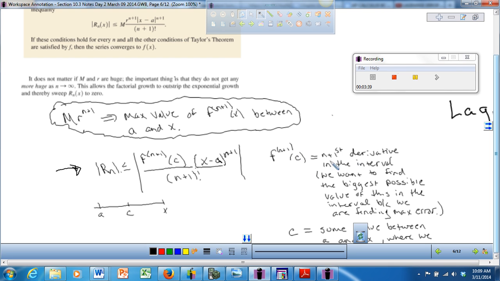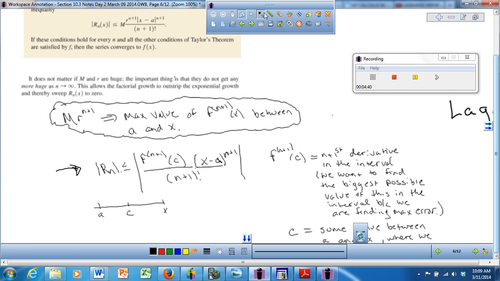And this is the n plus first derivative in the interval, and we want to find the biggest possible value of this in the interval because we want to find the maximum error. We know that this n plus 1 factorial is going to end up dividing by a larger number, so by finding the largest value we can here for our n plus first derivative, that will help us maximize the possible error.